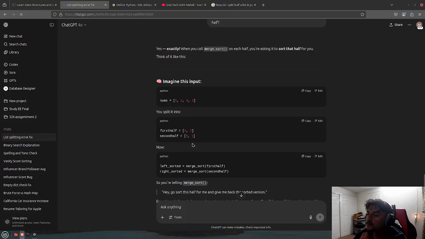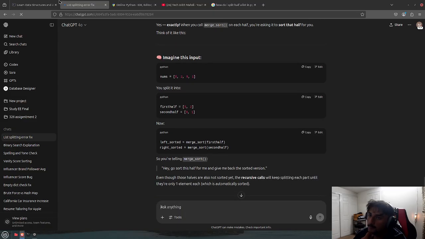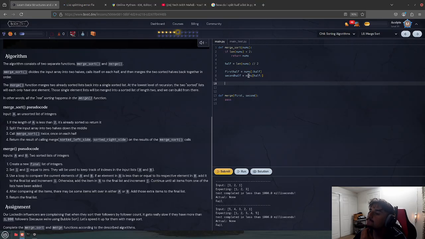First half is 52. Now left sort is merge sort first half. Right sort second half. I get it.